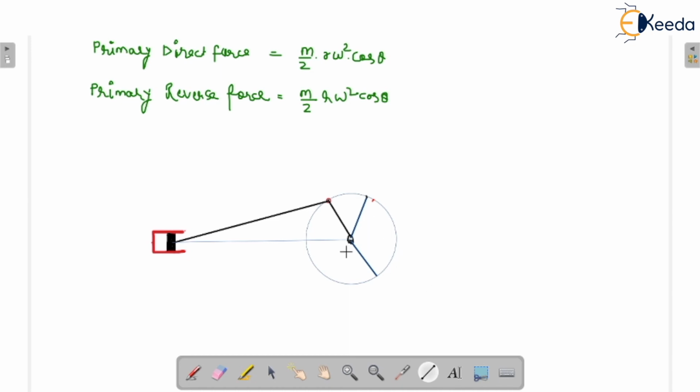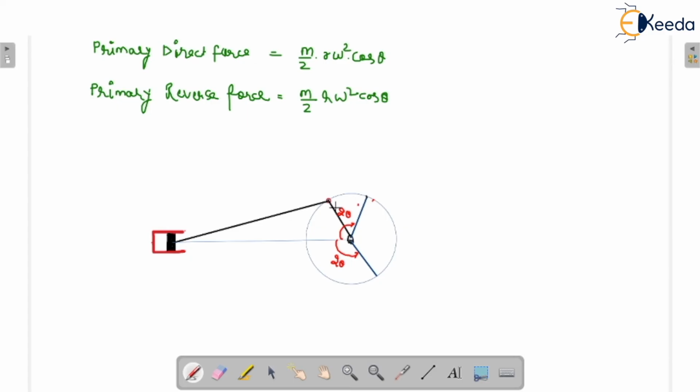Because this is secondary, we all know that if the primary crank is at theta angle, the secondary would be at 2 theta. So this angle would be 2 theta for the secondary configuration, and this is the reverse, so it would also be 2 theta angle.